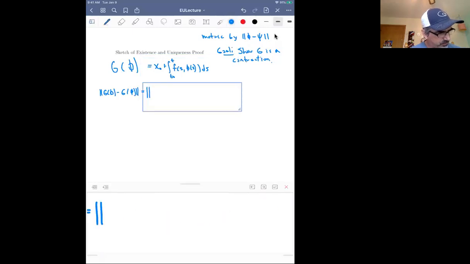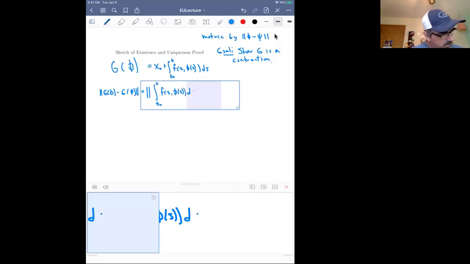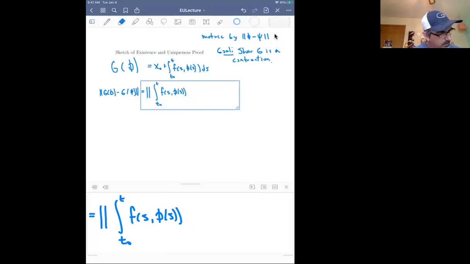So I get the norm of the integral from t0 to t of f of s, phi of s, minus f of s, psi of s, ds.